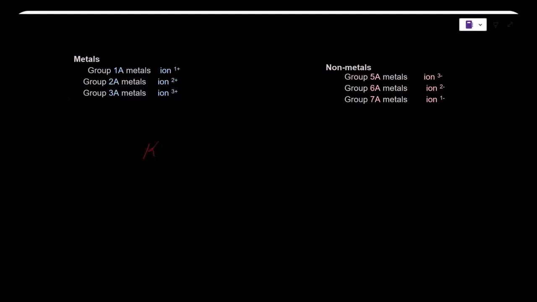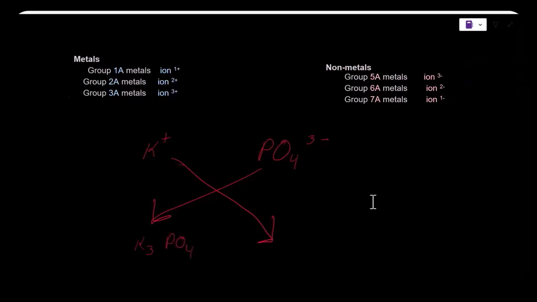One is potassium, the positive charge, and the phosphate ion that has a -3 charge. And then we would just crisscross the charges. So that would become K3PO4, which is potassium phosphate.